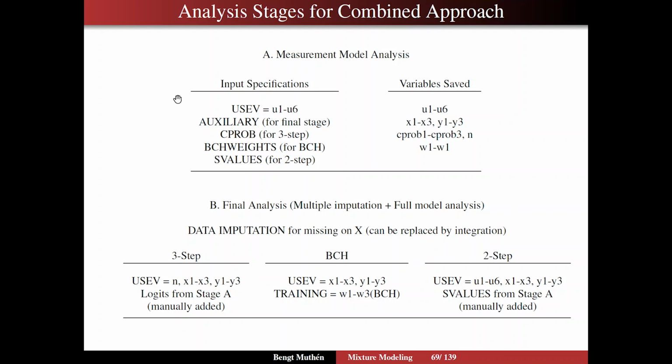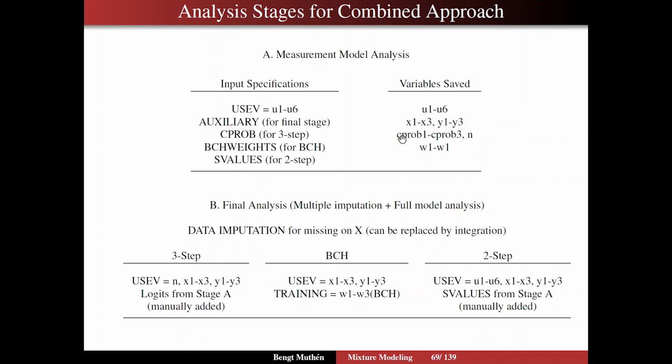So the input specifications then are that we have the use variables 1 through 6 for the latent class indicators. And that's what we use in a measurement model analysis. And those variables are then saved for a last stage analysis. And we have the auxiliary option for the final stage, which has the covariates and the distal outcomes on it. And then we request C-probs, which we use for 3-step.